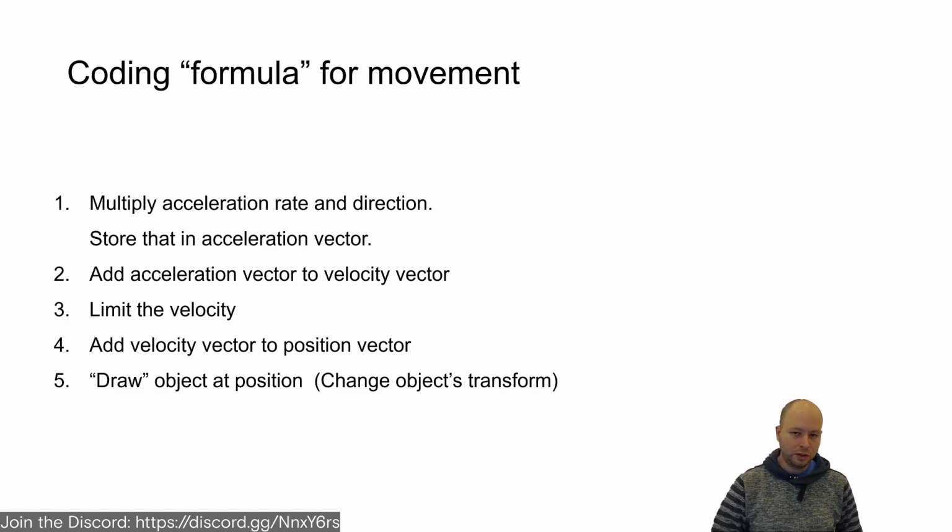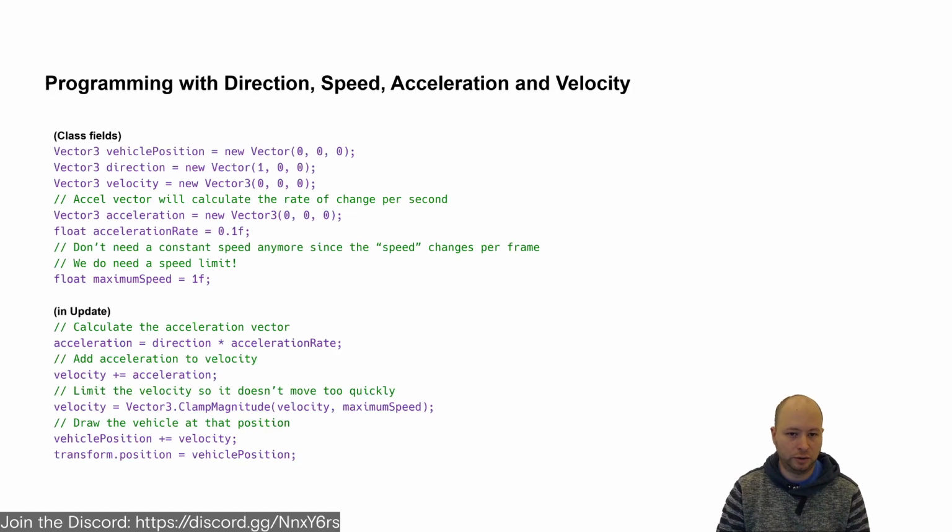So the key is to come up with a rate and multiply the acceleration by the direction, store that in a vector, and then you just do the math. You want to limit your velocity, and then you draw, and then you set all those positions accordingly. I'm going to do this in a minute in the coding, but in the lectures you can see there's an example of how you would do this.